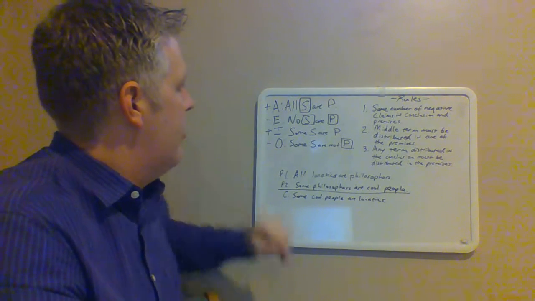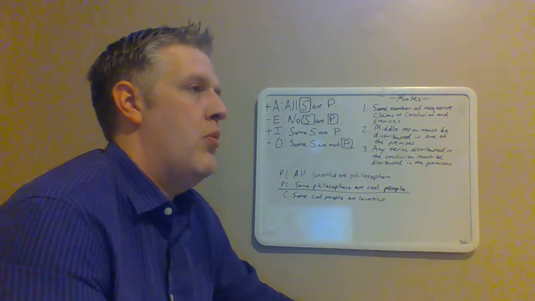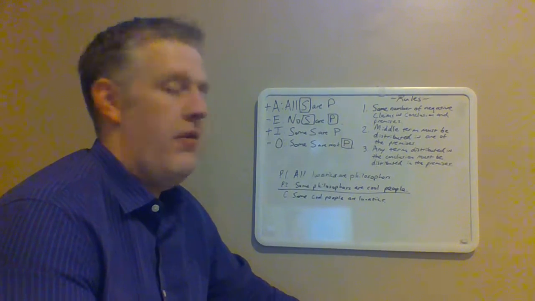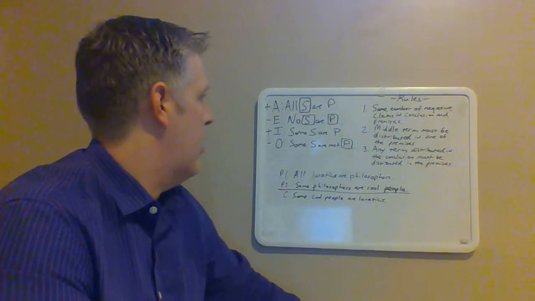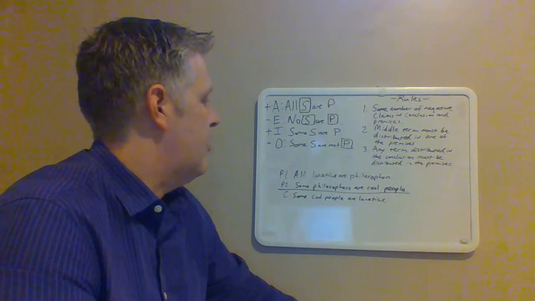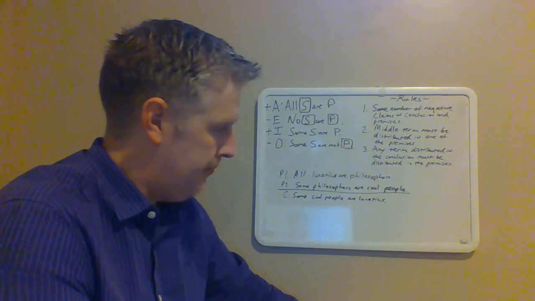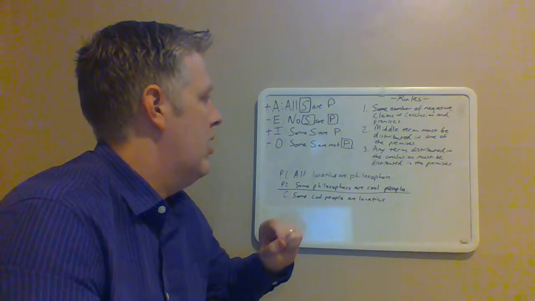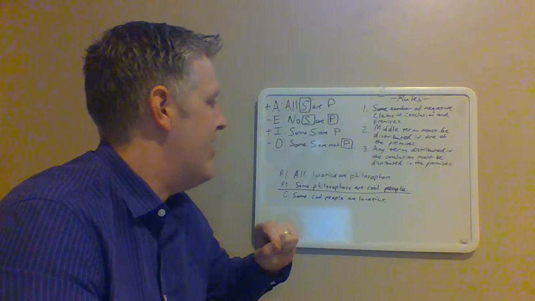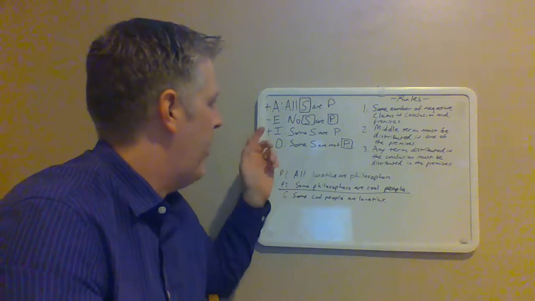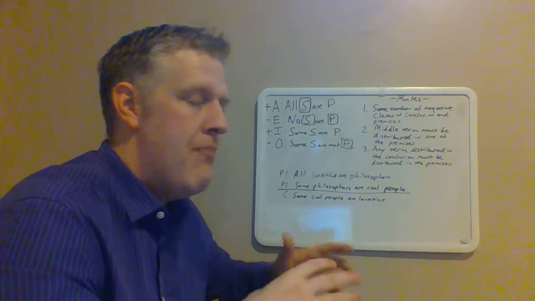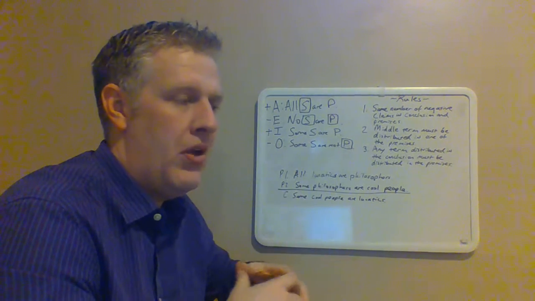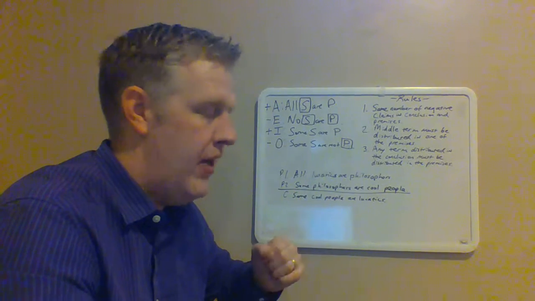So you're going to want to remember that, affirmative claims and negative claims. I've illustrated that up here. And then the new concept we have to familiarize ourselves with in terms of using the rules method is what's known as distribution. So when is a term distributed and when isn't it? Well, a term is distributed if and only if the claim says something about all members in that class or category that the term identifies.